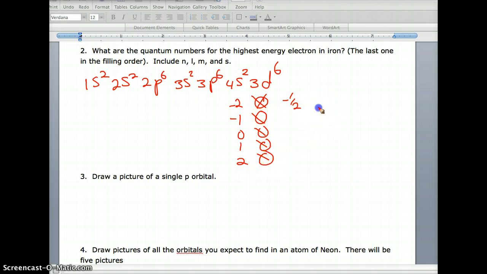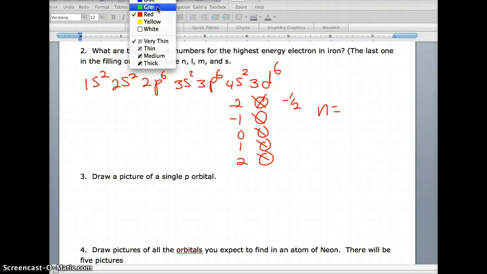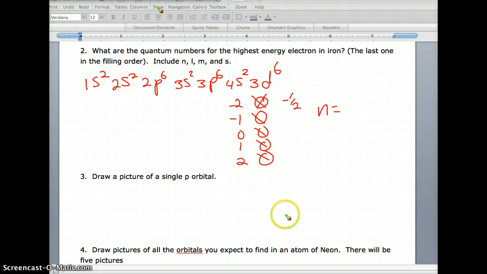So for this electron in, that would be this electron right here. n equals 3. Since it's a d sublevel, l equals 2. Since it's in the -2 orbital, m equals -2, and s would be the second electron in, -1/2.